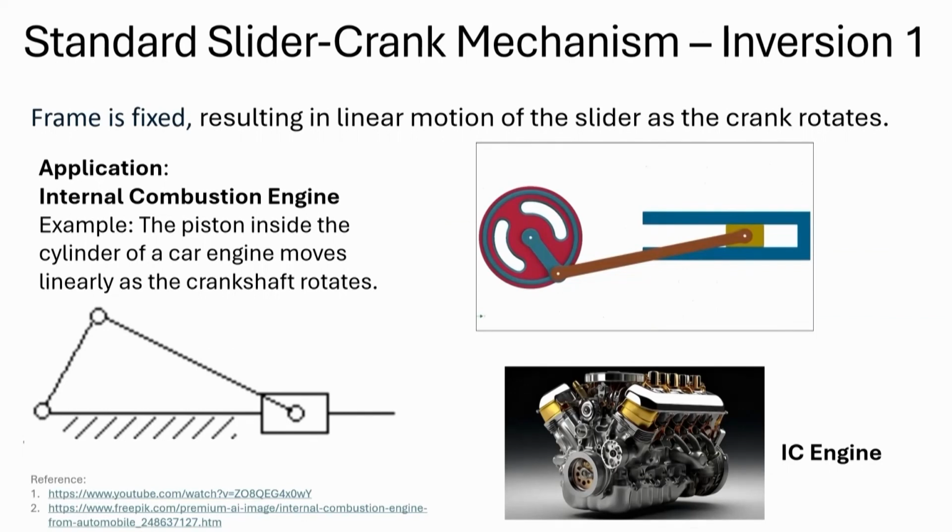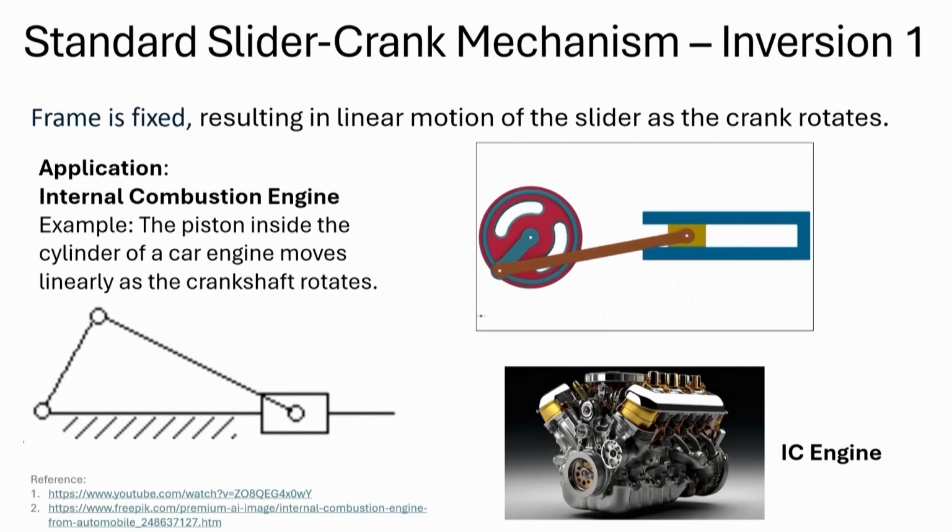Let us see what mechanism inversions we can have. One example is the internal combustion engine, the piston inside the cylinder of a car engine, which will only move back and forth in an oscillatory motion.